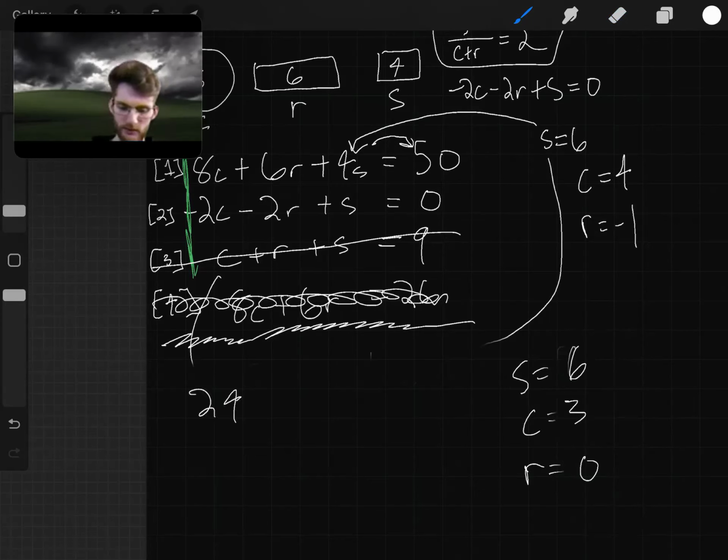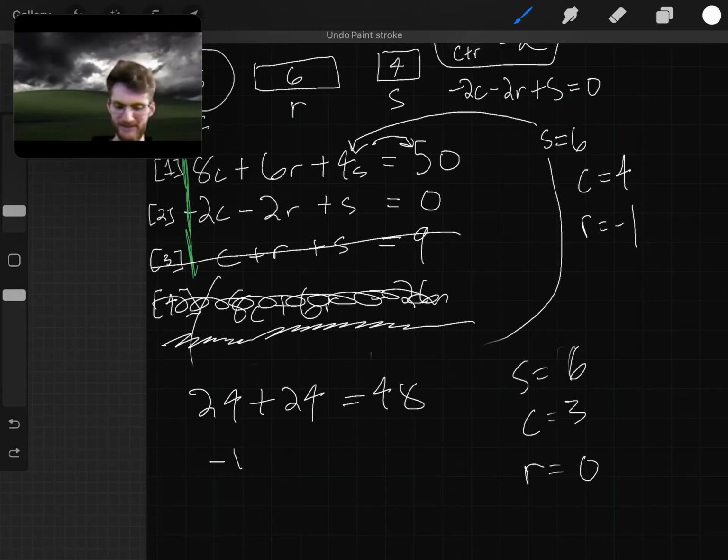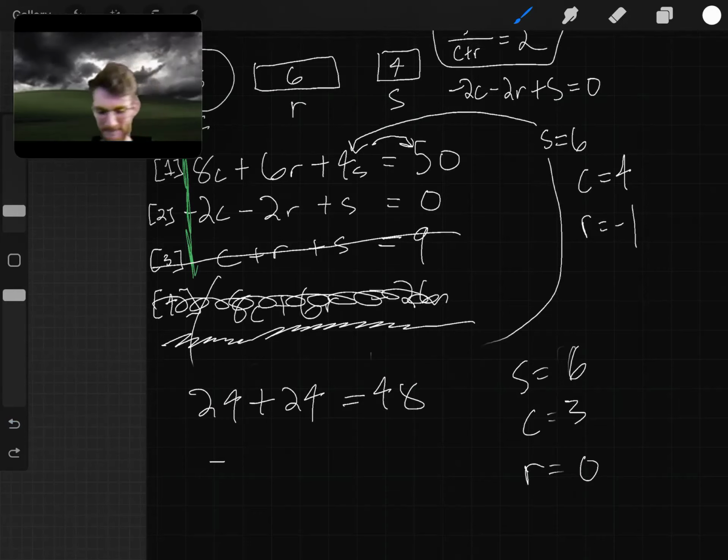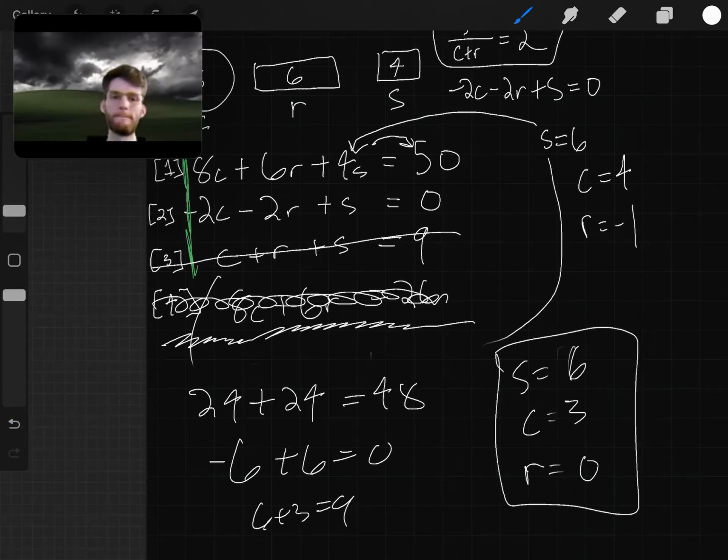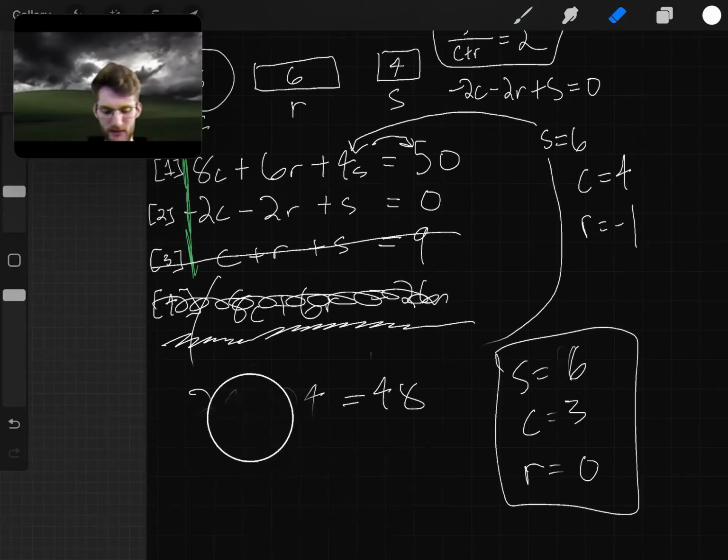So I'd have 24, this is for equation 1, plus 24 equals 48, then -2c, that's -6 plus 6 equals 0. And then 6 plus 3 equals 9. Yeah. So this solution here best fits my criteria while giving an answer that makes sense.